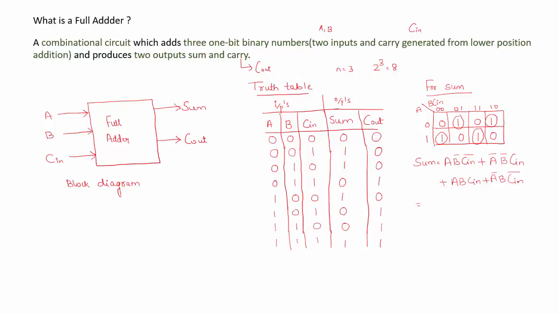Let me take out C in bar common from this term and this term. So I'll be left with A bar B or A B bar, and let me take out C in common from this term and this term.